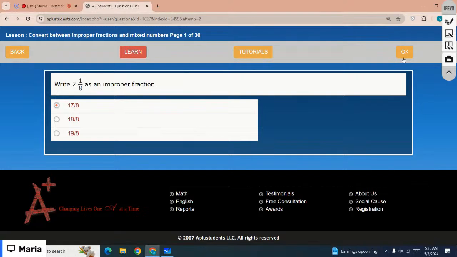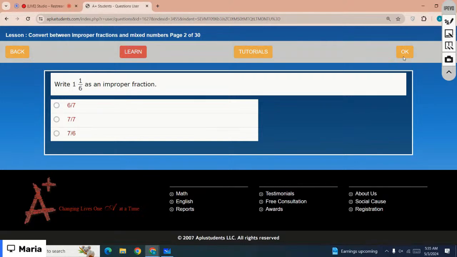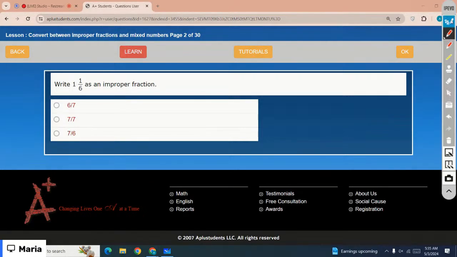Divide by the numerator. But this is the mixed fraction. You have to convert it into an improper fraction. This is the mixed fraction 1 whole 1 over 6.